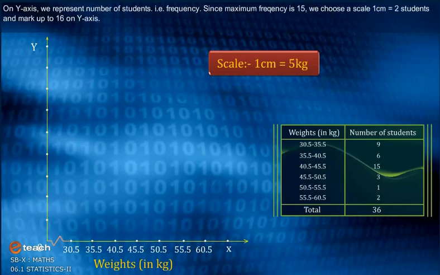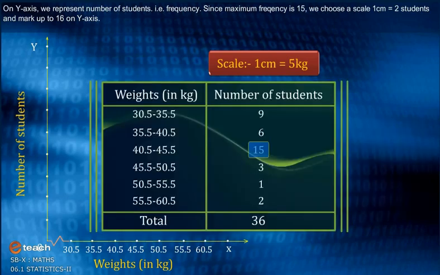On the y-axis, we represent the number of students, that is, frequency. Since the maximum frequency is 15, we choose the scale 1 cm equals 2 students and mark up to 16 on the y-axis.